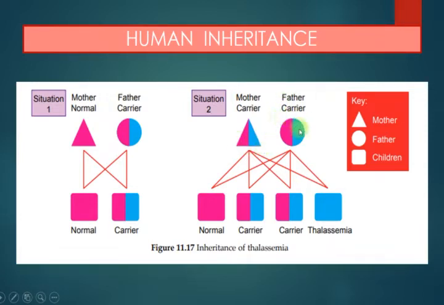The possible phenotypes for the children are: normal, without thalassemia; carrier; and children who may get thalassemia, or have thalassemia major. Then they will show all the symptoms.